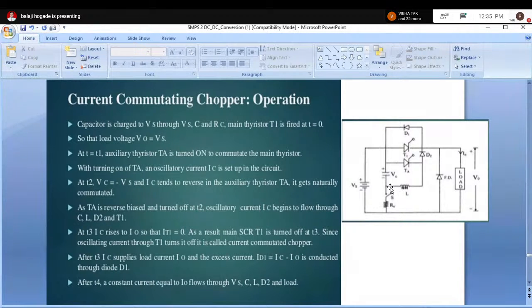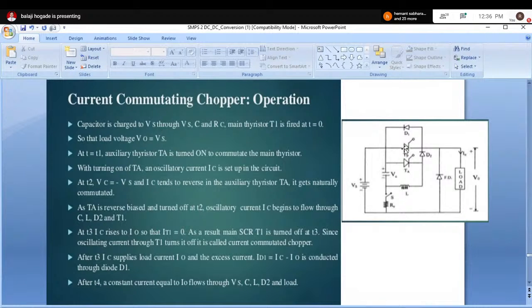What are the two currents flowing through the main thyristor? One is the load current, which started flowing through the circuit at t equal to T0, and at t equal to T3 the capacitor current rises to a value equal to I0, and that is the commutating current.